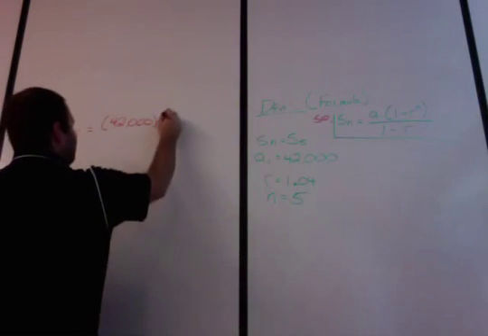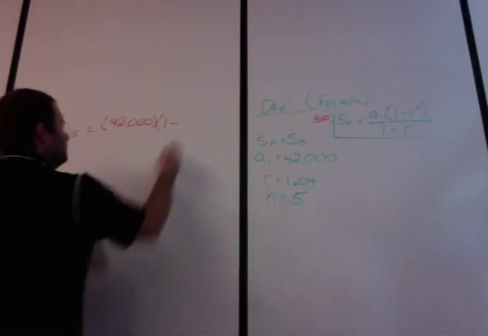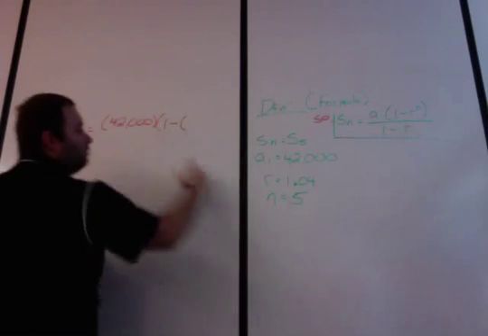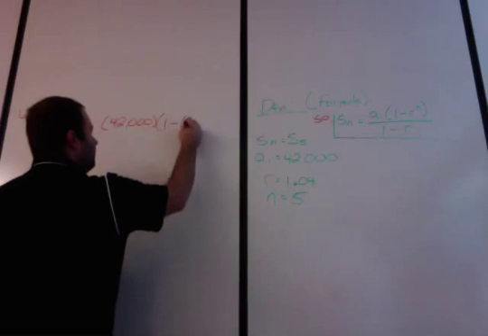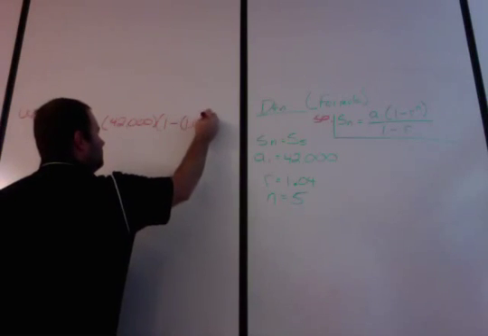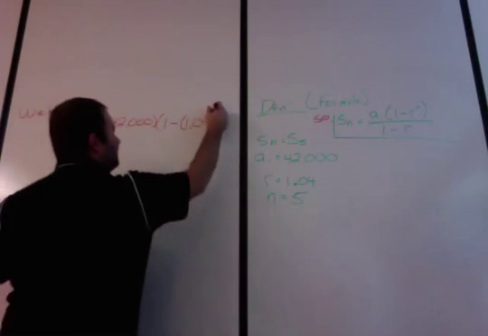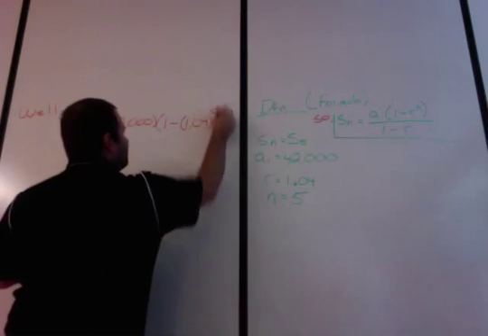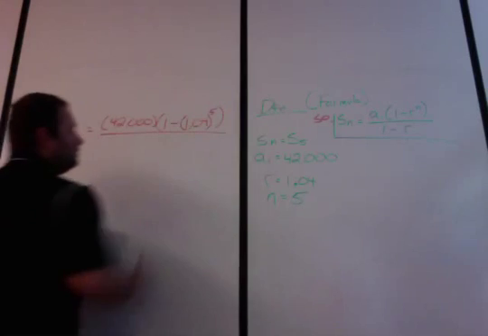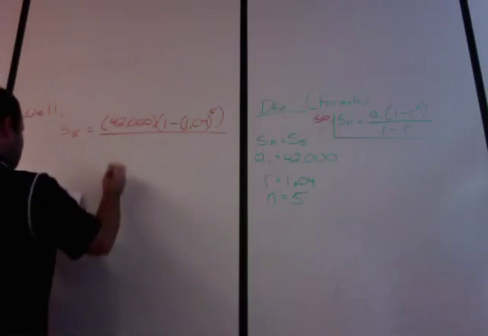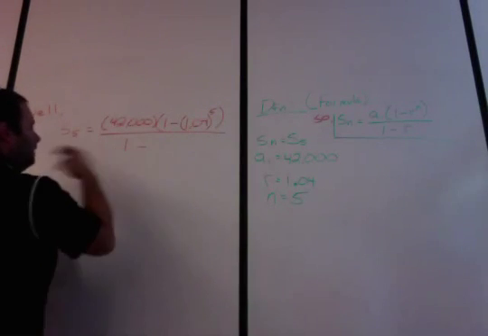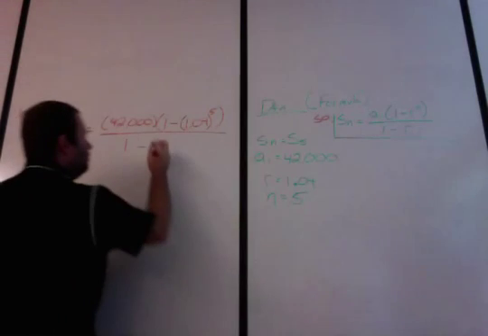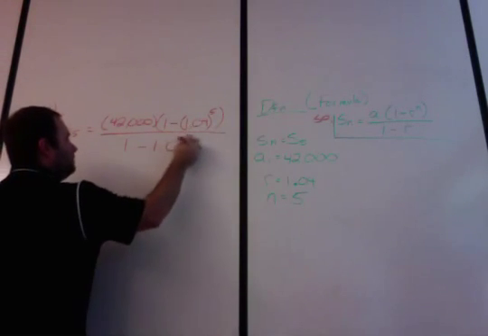So I'm going to take 1 minus, my r was 1.04, and then raise that to my nth power, which is 5, over 1 minus r, which is 1.04.